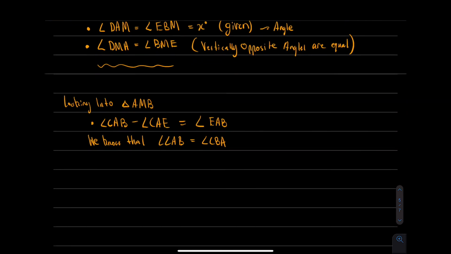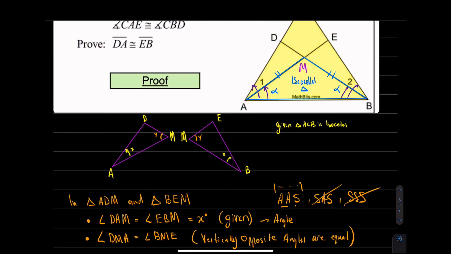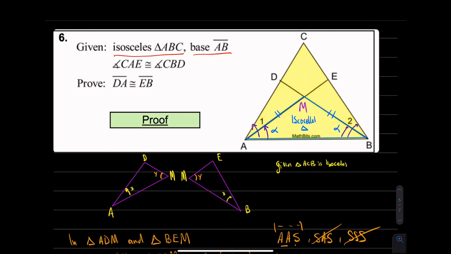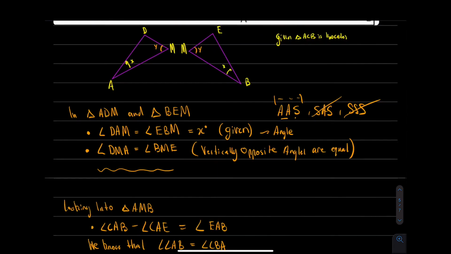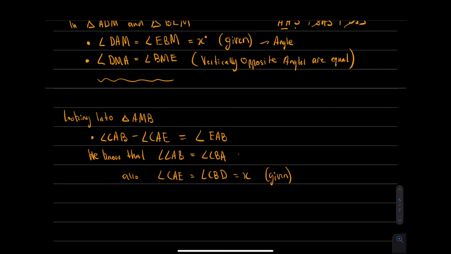And we also know that angle CAE is equal to CBD, which is equal to x, which we proved up here, remember? Which was given. Cool. And this one was also just given.